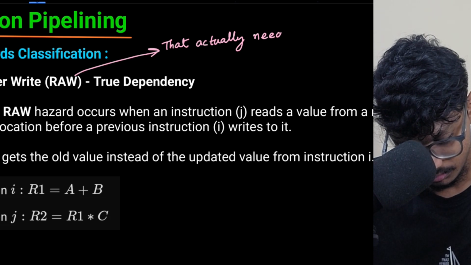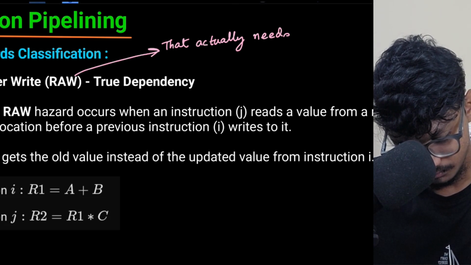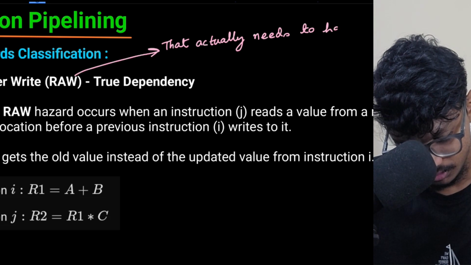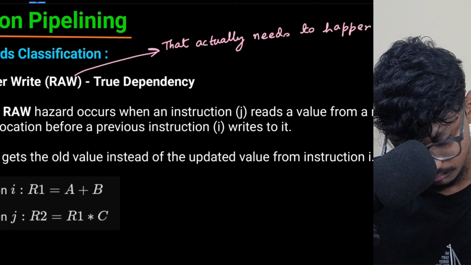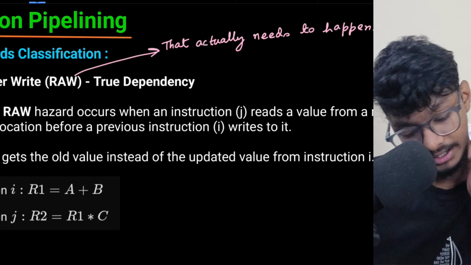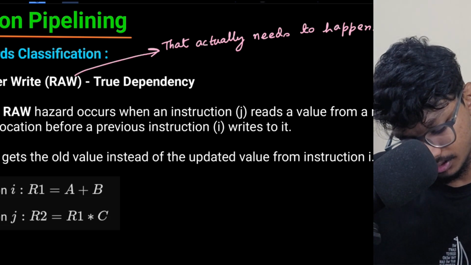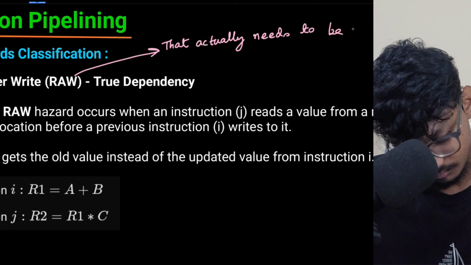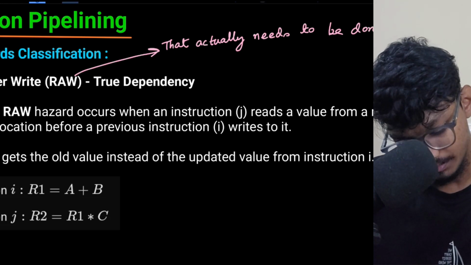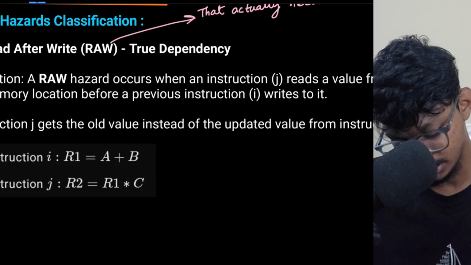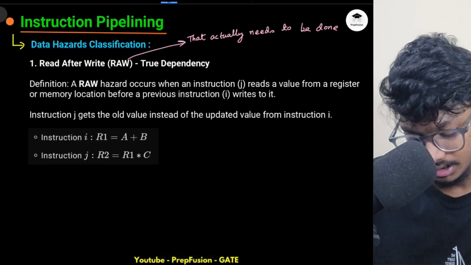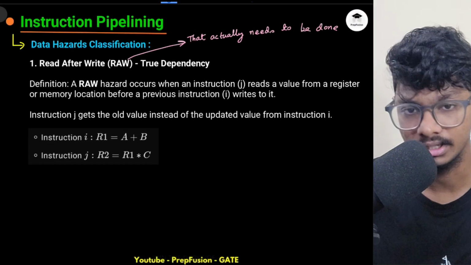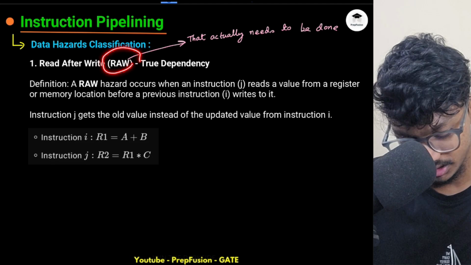What do I mean by this? Once we see the example, we will understand. This is also known as true dependency. Why it is known as true dependency, we will understand when I compare it to the other types of hazards. In short, this is also known as RAW.